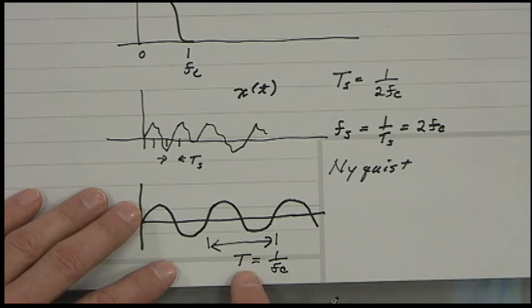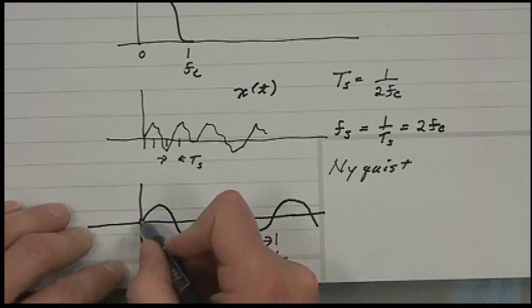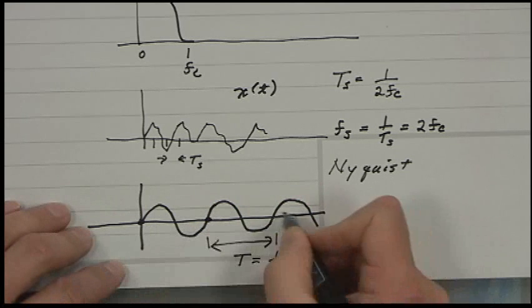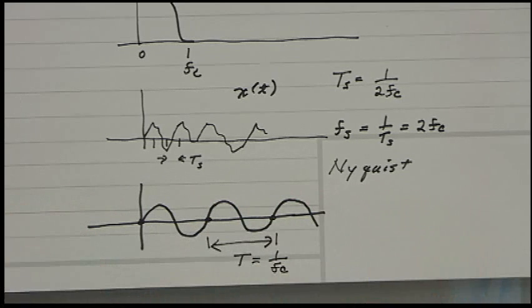So if you sampled at the cutoff frequency, so if your sampling frequency was equal to the highest frequency, your samples would be all at 0. And you'd say there was nothing there, right? So that's not high enough.